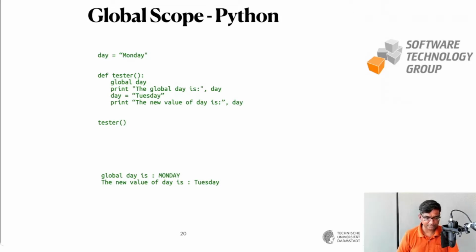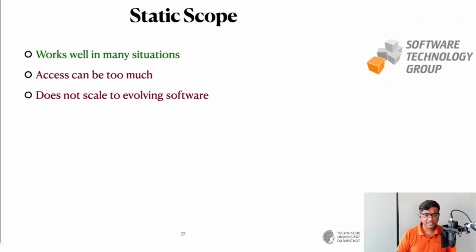day, which is Tuesday. Now that we have seen static scopes, let's look at some advantages and disadvantages. One is that because of the flexibility that static scopes provide, they work well in many situations, but you can also provide too much access to variables and play around with the static scopes a lot.